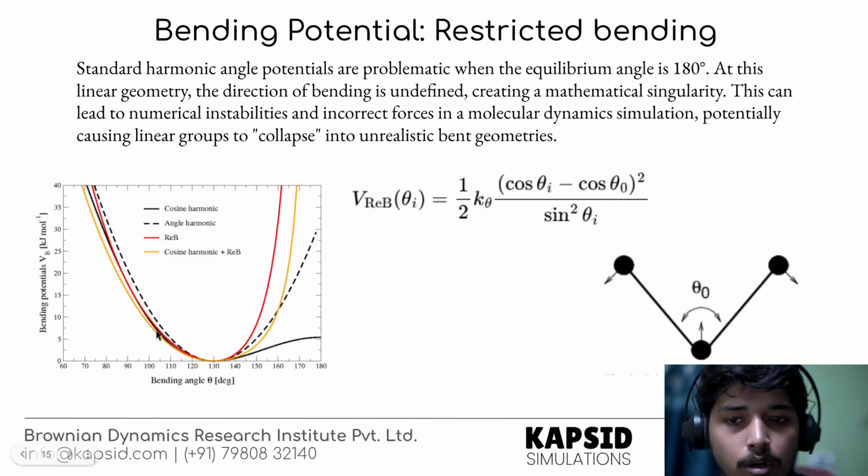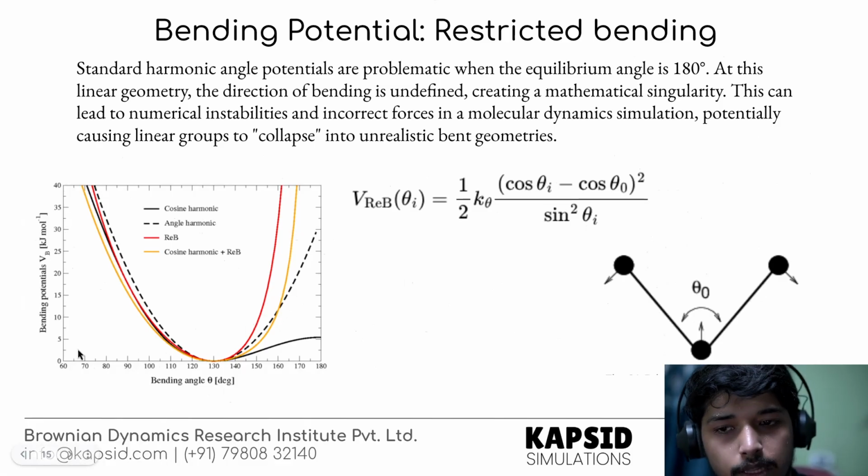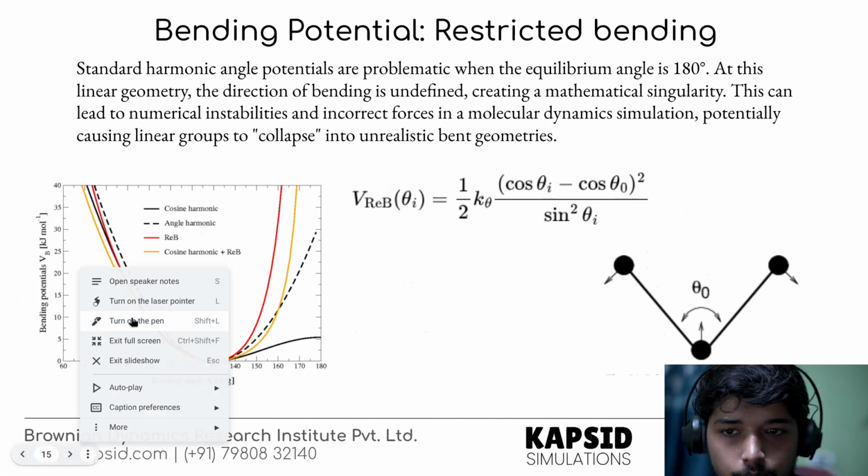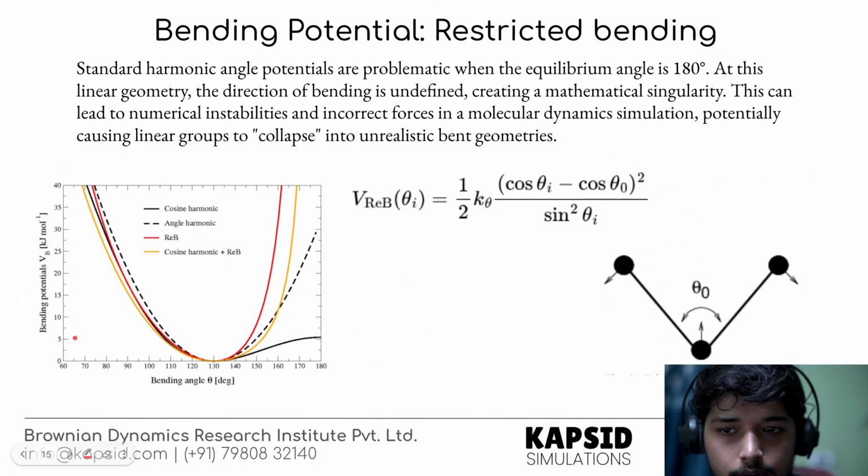Let's say the surrounding can only provide 5 kilojoules per mole of energy for this bending motion. That's kind of a quota that is reserved. I'm not saying that's the actual value, let's just think about it. So we can put a line here.